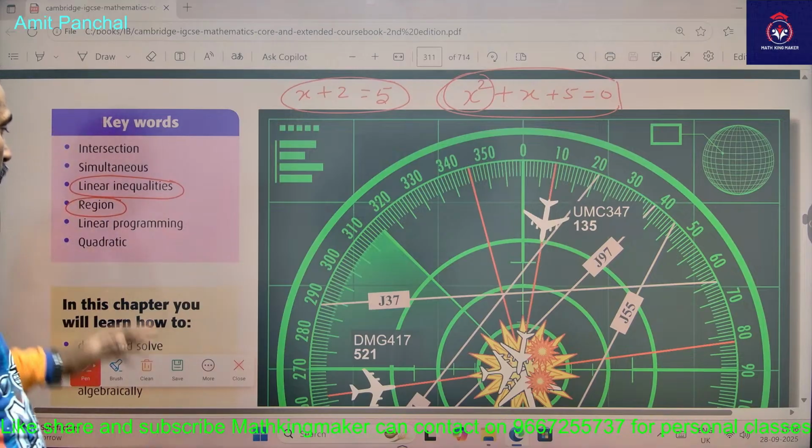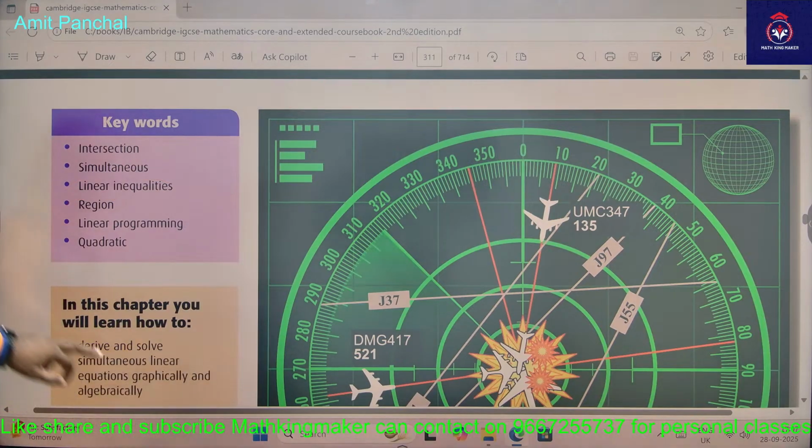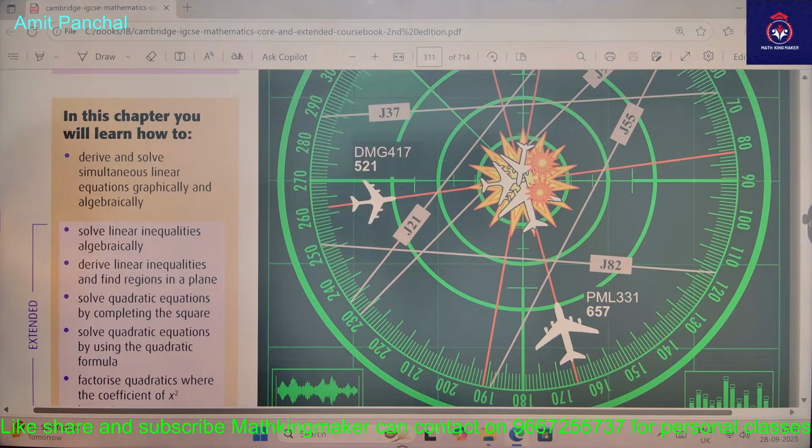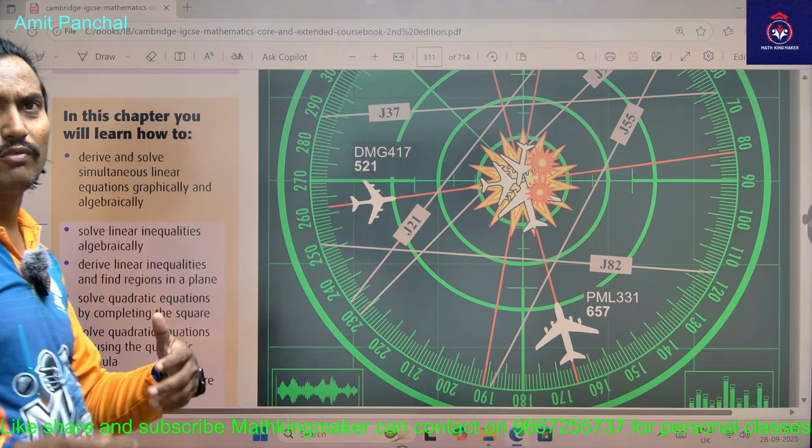So these things we are going to discuss in this chapter. Simultaneous linear equations we are going to solve graphically and algebraically.